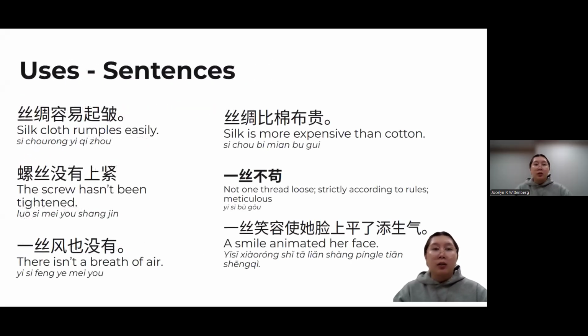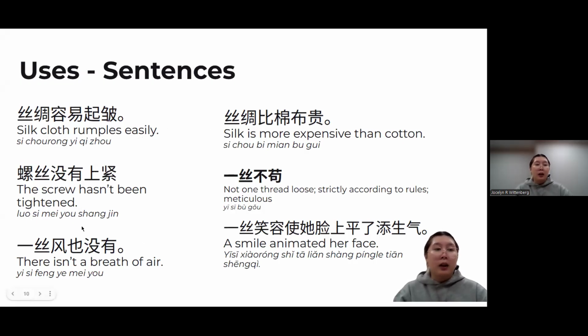Moving on to the uses in modern sentences. I'll just be reading a couple of them here today, and pretty much all of them include the word silk or some other aspect. The first one is: a silk cloth ruptures easily. As you can see here, the silk is here, and then the silk cloth, which includes the silk radical, are together here.